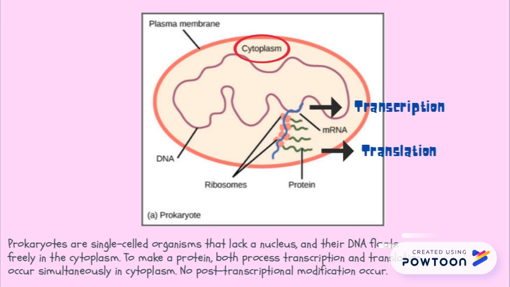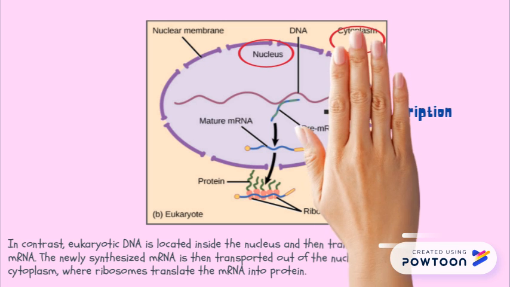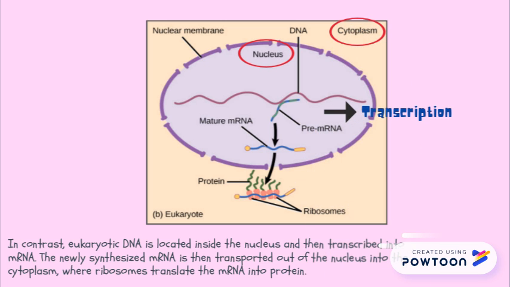No post-transcriptional modification occurs. In contrast, eukaryotic DNA is located inside the nucleus and is transcribed into mRNA. The newly synthesized mRNA is then transported out of the nucleus into the cytoplasm, where ribosomes translate the mRNA into protein.